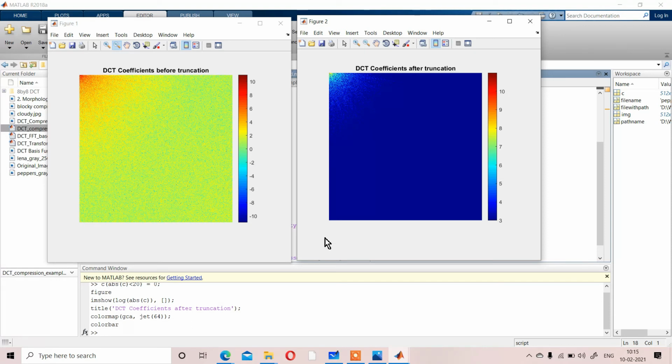Before truncation, the blue part was very minimal, but now it has become larger. So in the matrix, the maximum values are reduced. Maximum values are getting blue, meaning only a few pixels remain in the upper left position that consist of the high range of intensity.